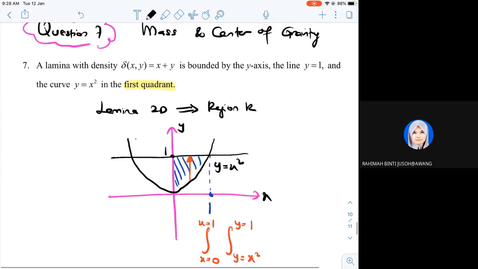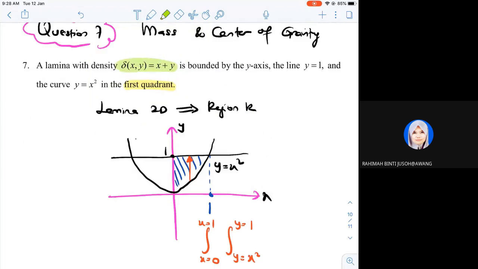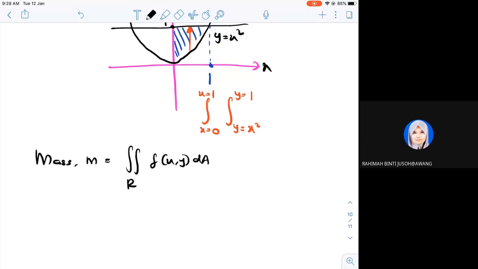In this equation, we are given the density function as x plus y. So we can straight away substitute in this integration, x plus y. So we have dA, of course dy dx.